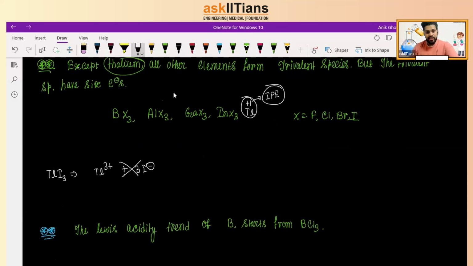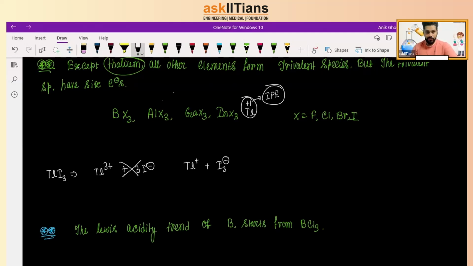In reality, TlI3 breaks into Tl+ and I3-. So here also the thallium is not +3, it is +1 only. I3- is the anion, not 3I-. So that's why it happens.